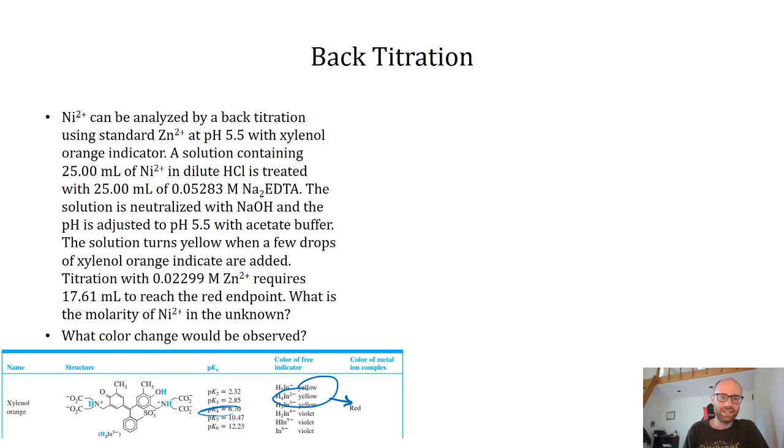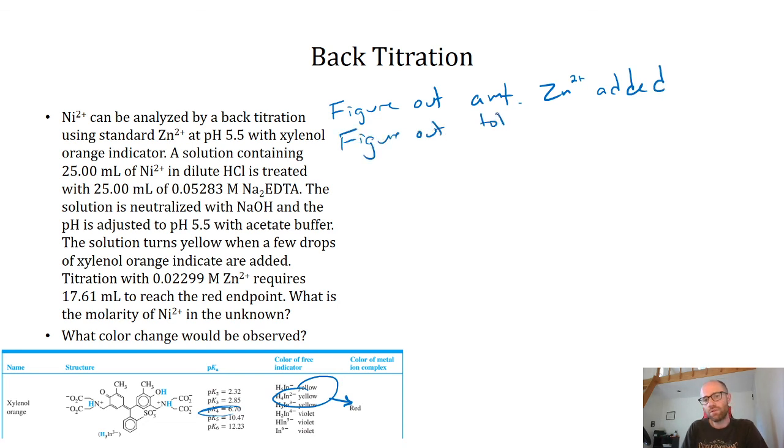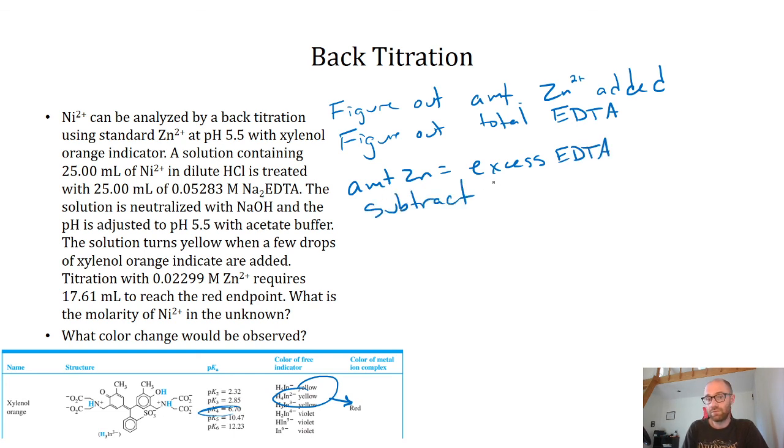So the idea is figure out the amount of zinc added, figure out total EDTA, the amount of zinc is equal to the excess EDTA. So subtract, to get the nickel EDTA amount.